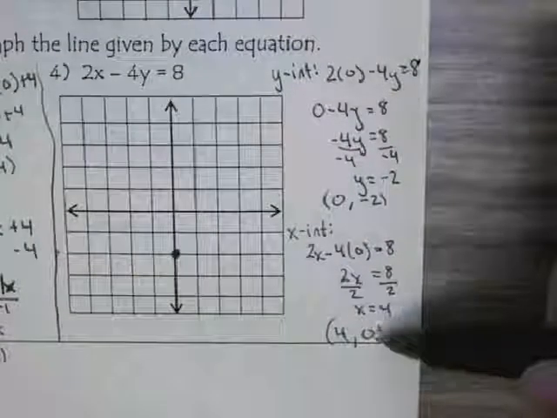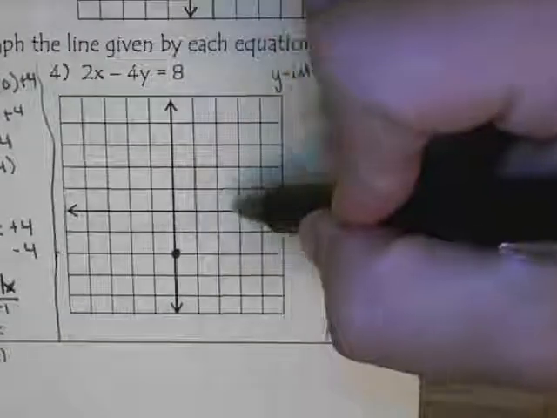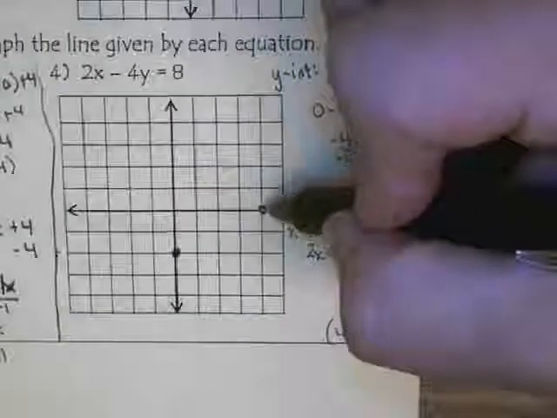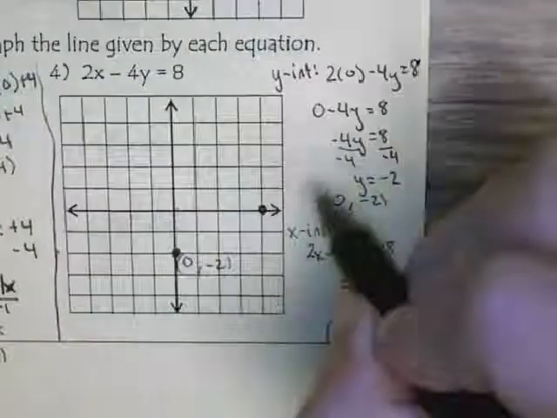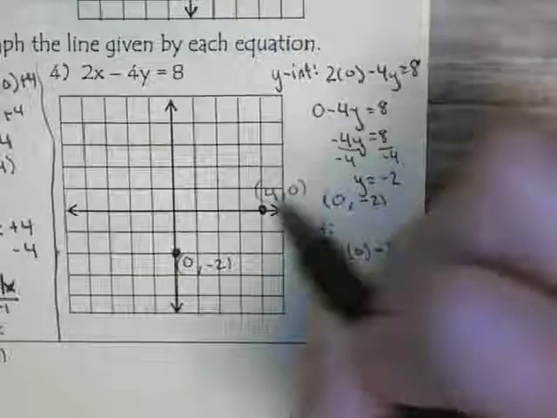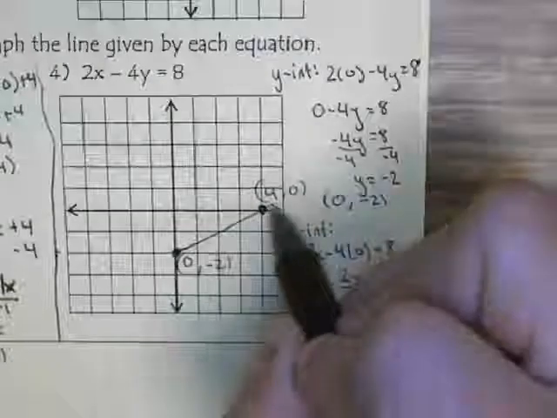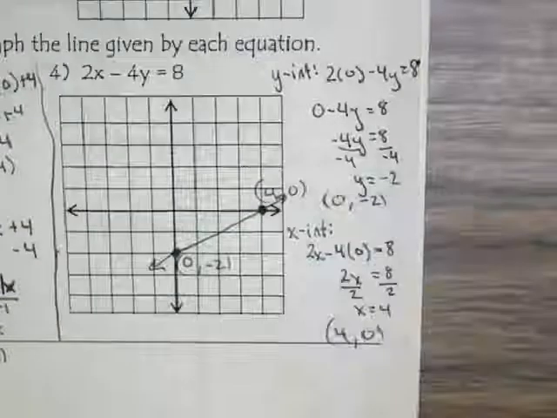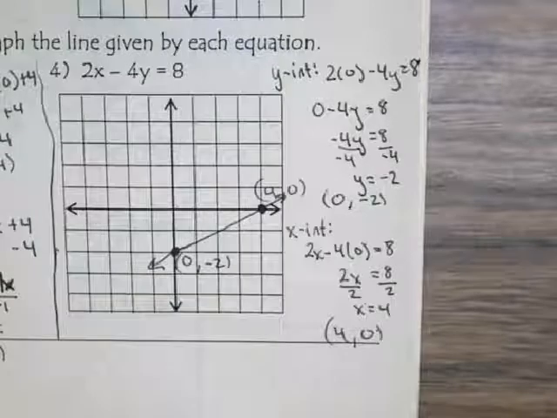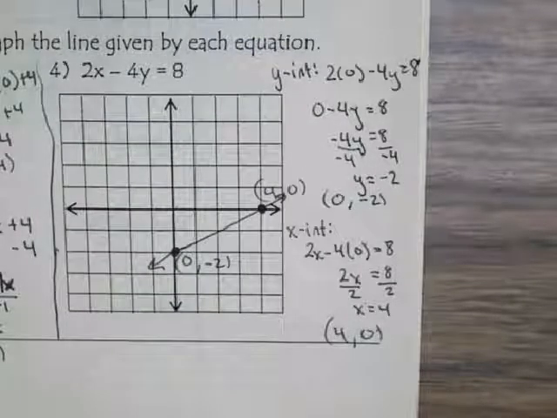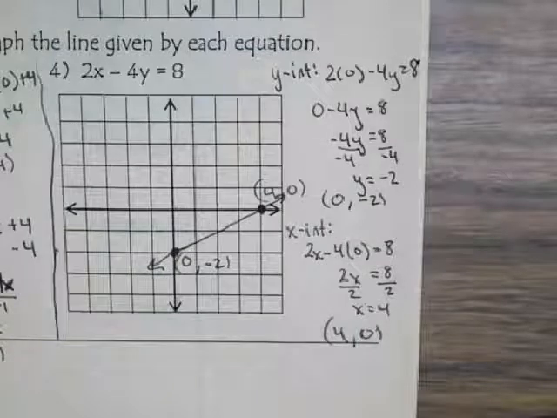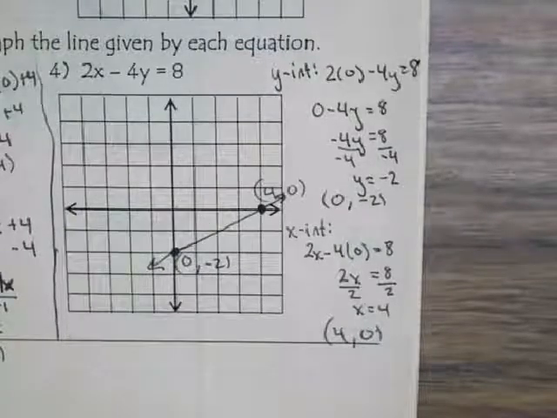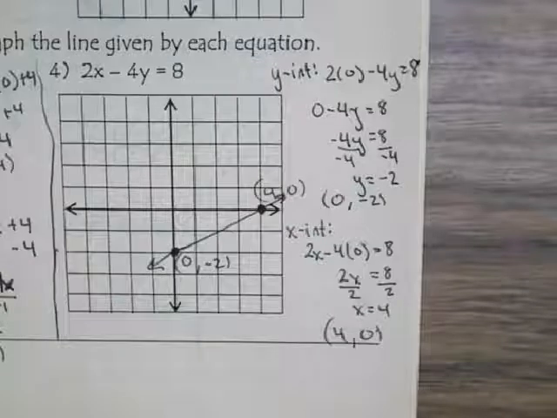So when y is 0, x is 4. Plot my point, 4, 0. Here's my 0, negative 2. Here's my 4, 0. Then we connect the dots. Like that. And that is how we can graph linear equations using x and y intercepts.